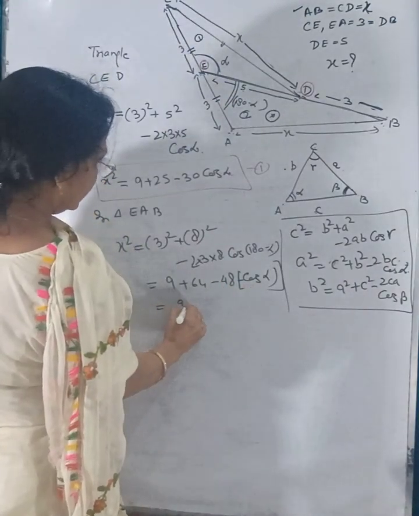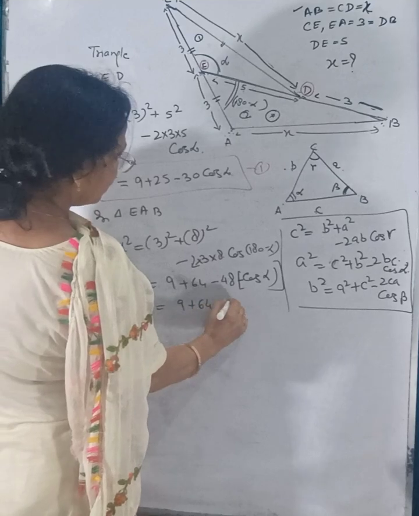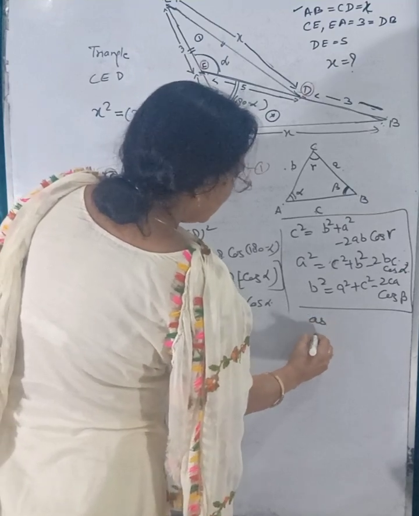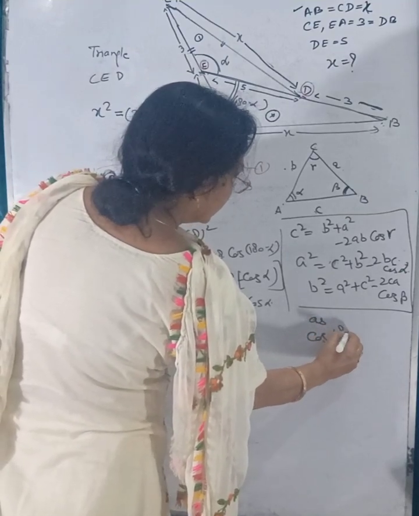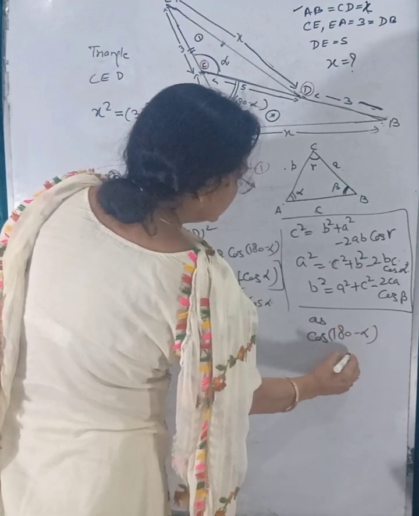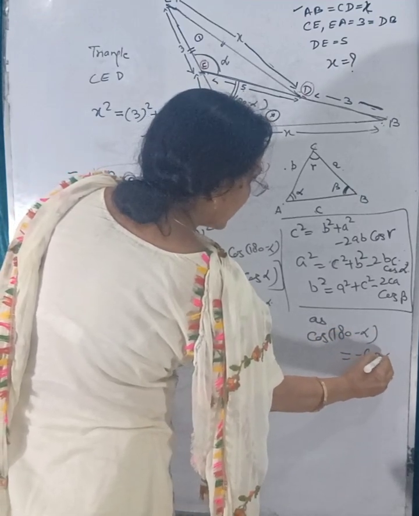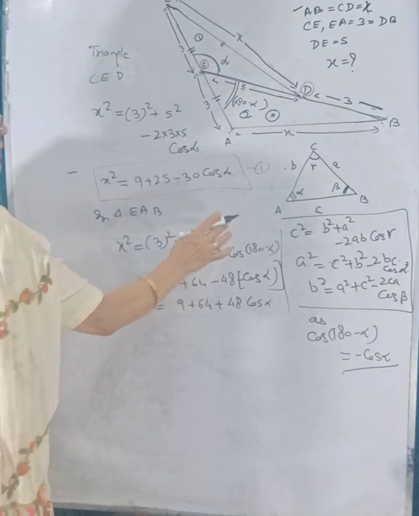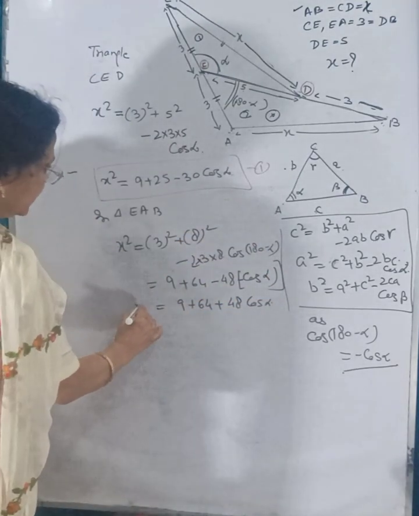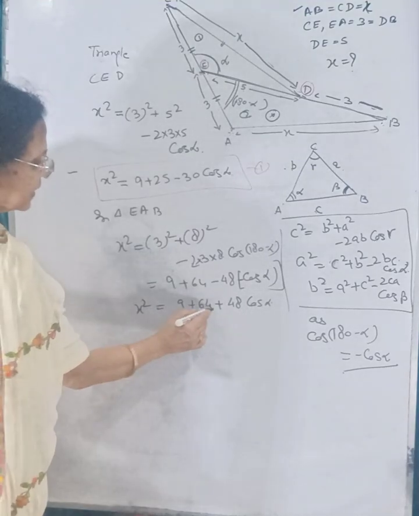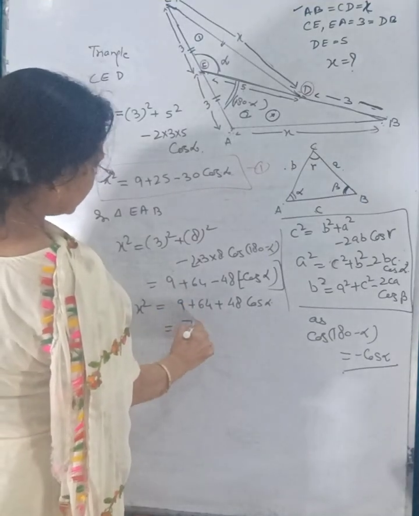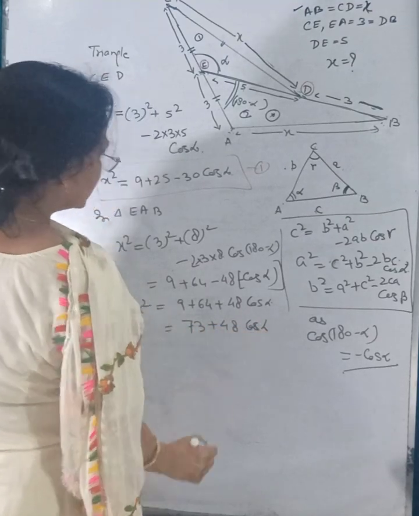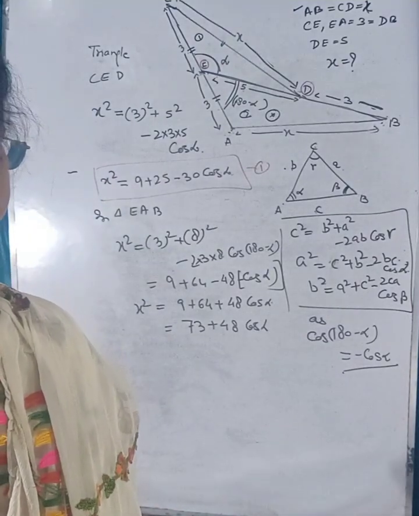So it will be 9 plus 64 plus 48 cos of alpha. You should know this, it is in 11th class. It means x square will be equal to 73 plus 48 cos of alpha.